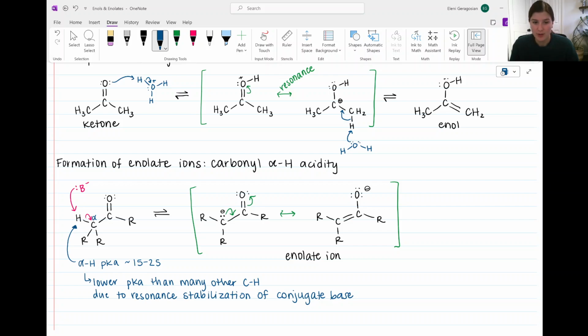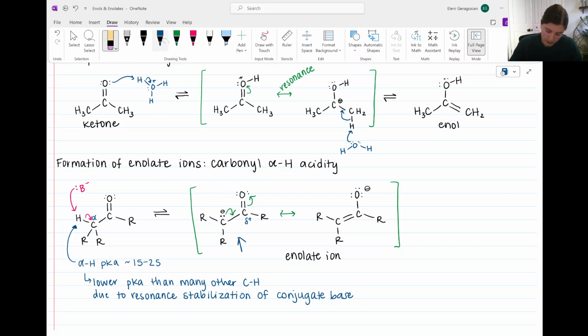There's also another effect that causes this pKa to be lower, and this is the polarization or the polar effect. If you look at this first structure here, we have a negative carbon. So this structure that I draw the arrow to, we have the negatively charged carbon, and remember carbonyl carbons have a partial positive charge. So having the formal negative, partial positive near each other, that's a stabilizing effect.